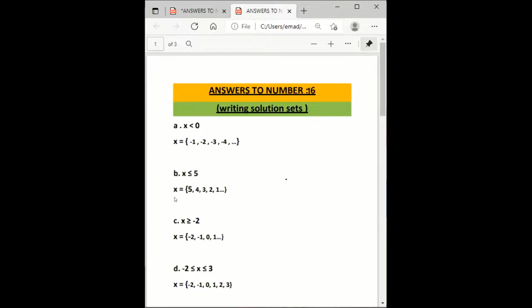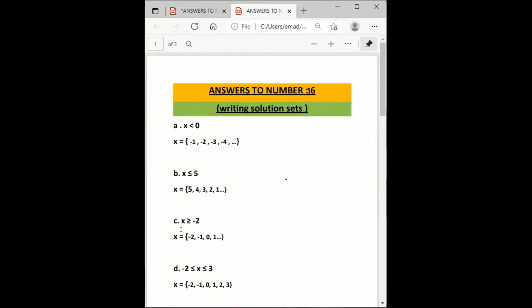So our solution set will be stated as x is equal to 5 because of the symbol here. Then also the numbers that are less than 5, so it will be 5, 4, 3, 2, 1, and so on, because there are very many numbers that are less than 5, but we can't write all of them. So we shall just summarize them with these 3 dots, and then we shall close the curly brackets.